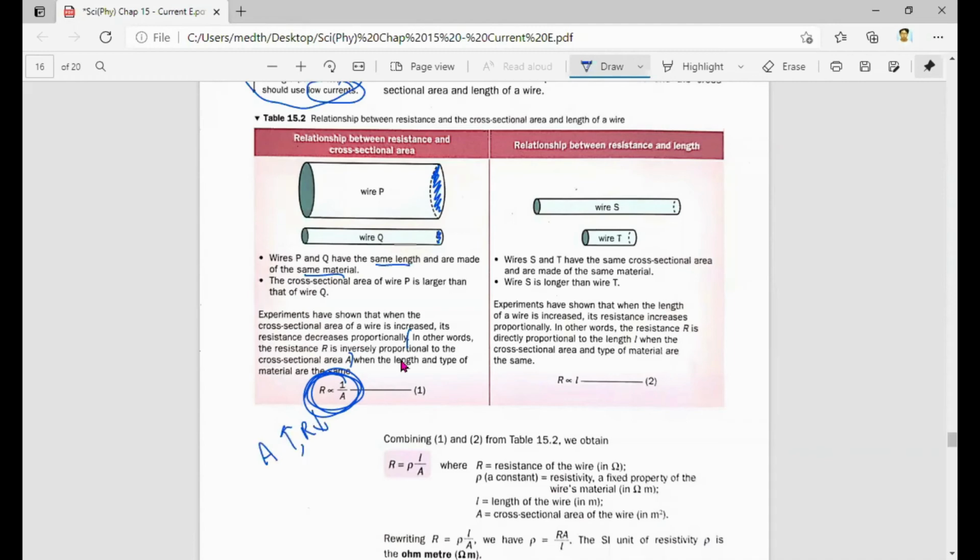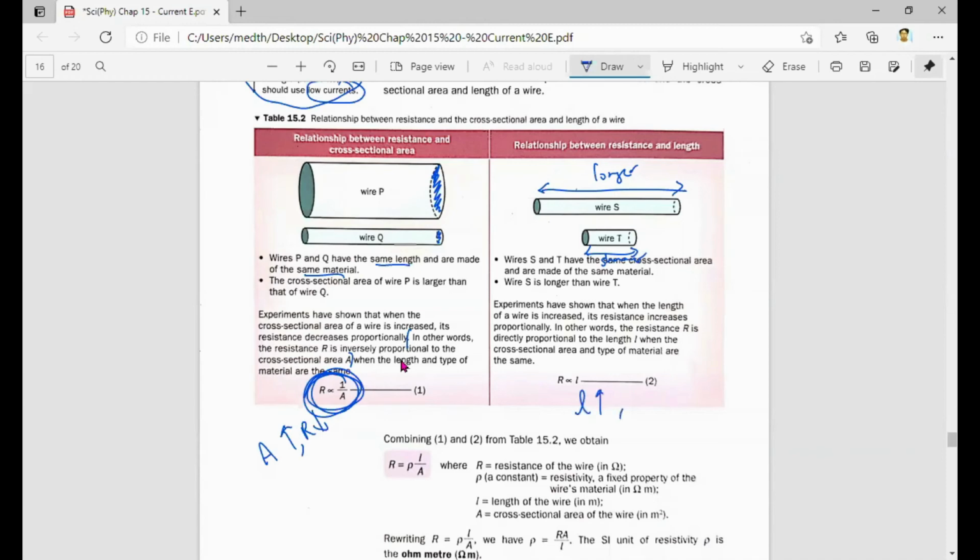Next, the relationship between resistance and length. If they have the same cross-sectional area and the same material, but wire S is longer and wire T is shorter, the experiment shows that resistance is proportional to length.